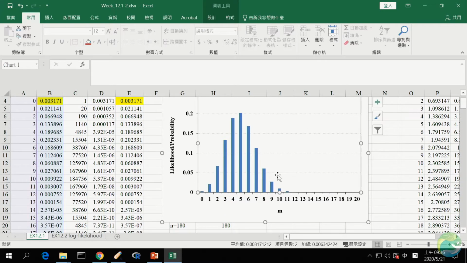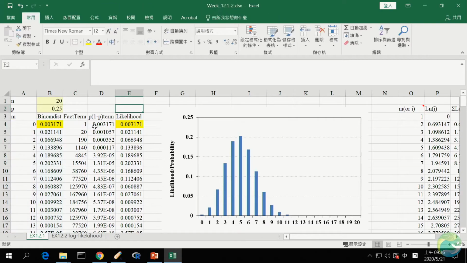Here I just show you how to do the hand calculation yourself. This can apply to other probability distributions.